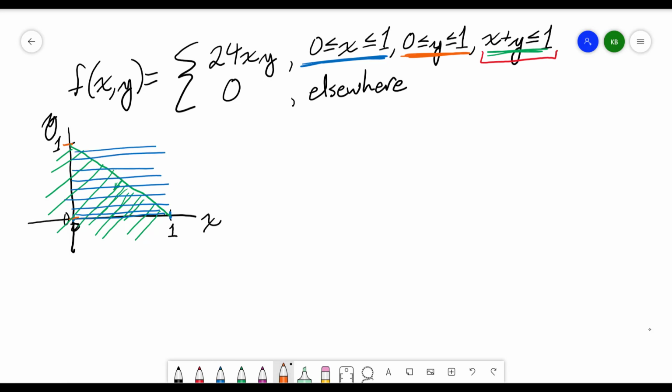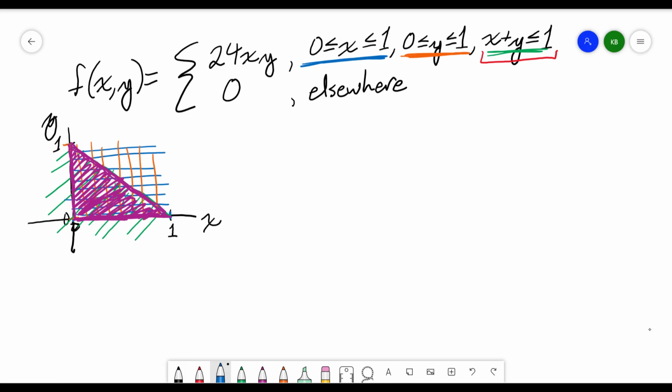My y inequalities tell me that I'll stay between 0 and 1 going this way. And so my entire region that I'm looking at is actually this triangle here. Now, if we try to make bounds the way that we did before, we would make a square. The bounds with a whole number each place always result in a square.